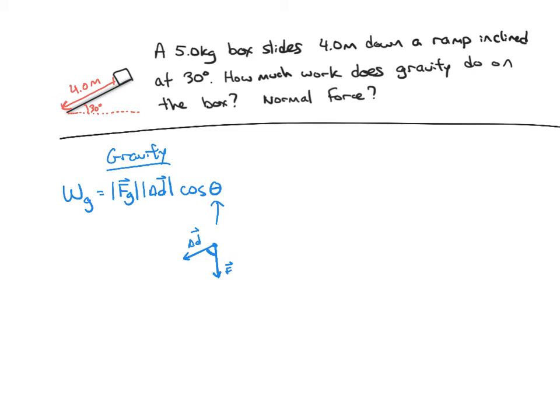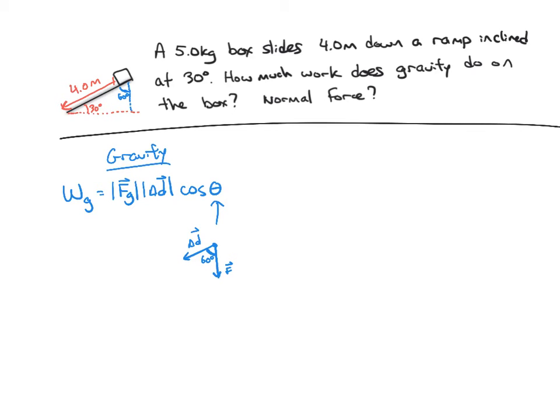Well, going back up to the diagram, I see that I actually have a right angle triangle with 30 degrees labeled at the base there, which means that this angle at the top is 180 degrees minus 90 degrees minus 30 degrees, and that's 60 degrees.